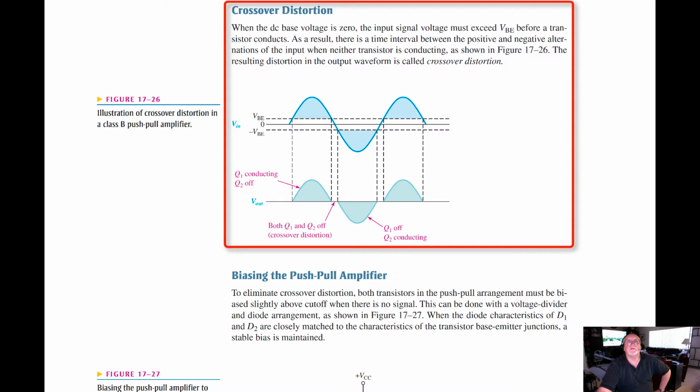As a result, there is a time interval between the positive and negative alternations of the input when neither transistor is conducting. As we can see in the diagram, the resulting distortion in the output waveform is called crossover distortion, okay, because we have no signal occurring in those places.